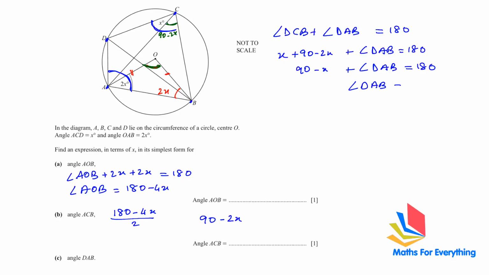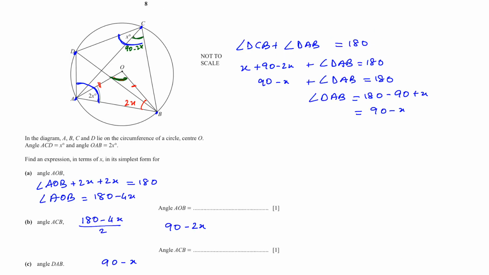Now we are going to move the 90 and the x to the other side. The plus 90 will be negative 90 and the x will be positive x. And therefore the answer is 90 minus x. Angle DAB is equal to 90 minus x. I'm sorry, I made a sign mistake here. It is 90 plus x, 90 plus x.